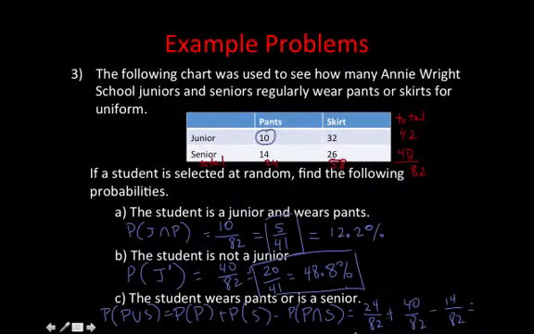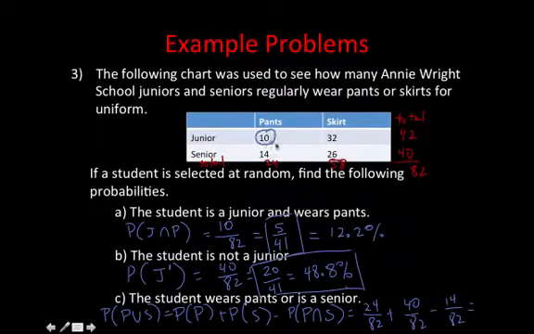Another way to think about it is we only want to count this group once. We only want to count the probability that a student is a senior and wears pants once. And we've counted it twice. We've counted it once with the 24 when we added this column together, and we added 14 when we added this row together to get 40.